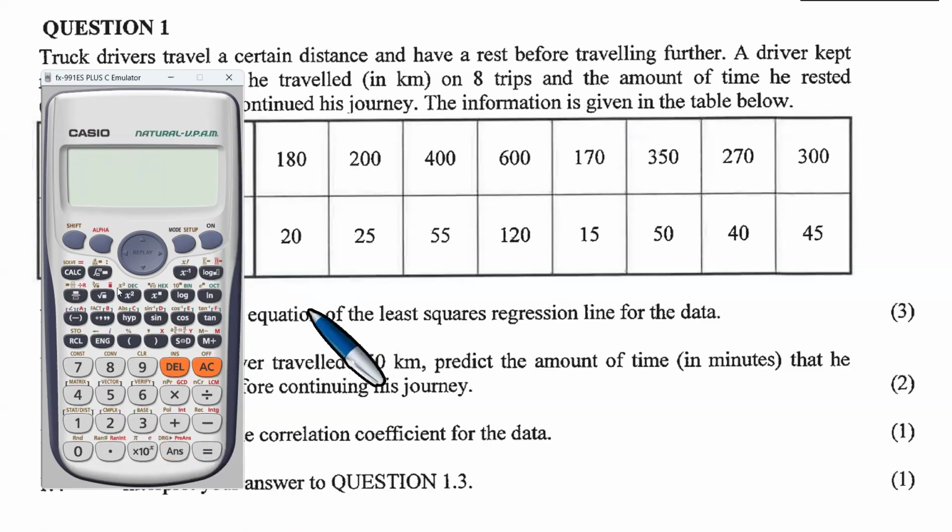Okay. Then you go shift 1, stat, regression analysis 5.